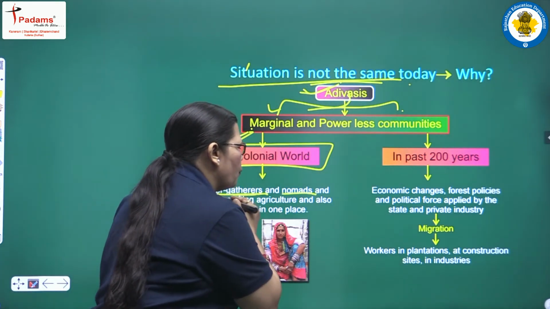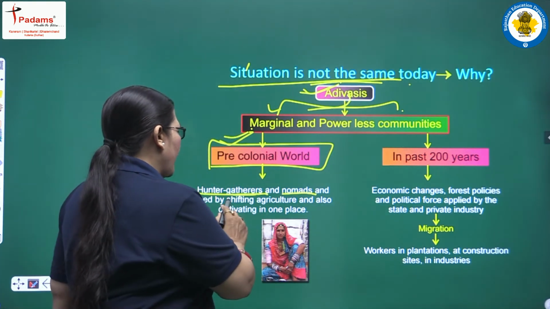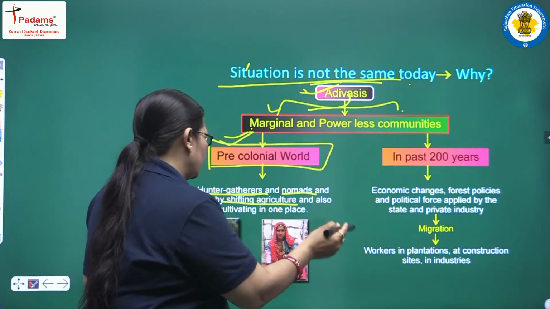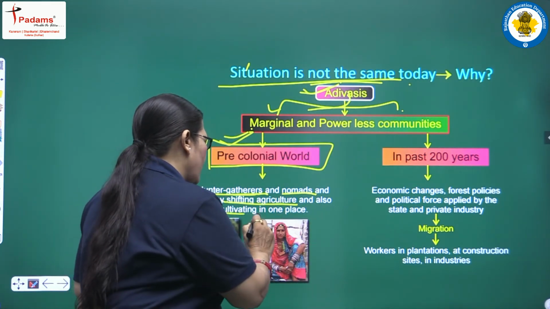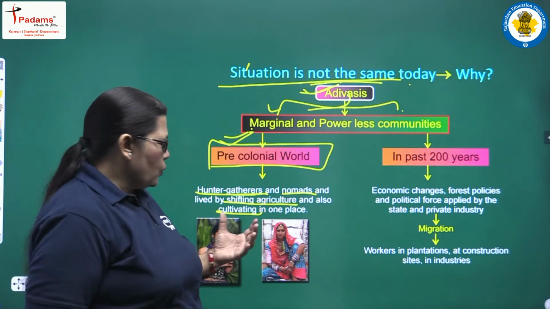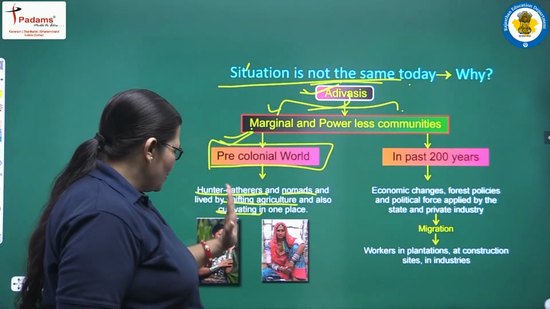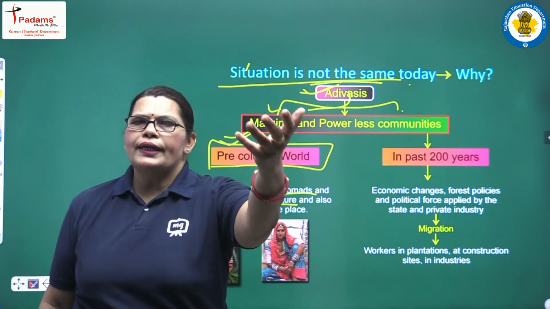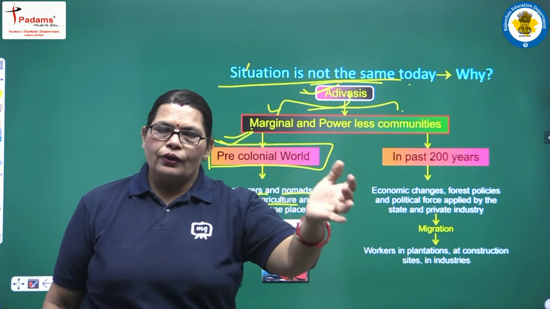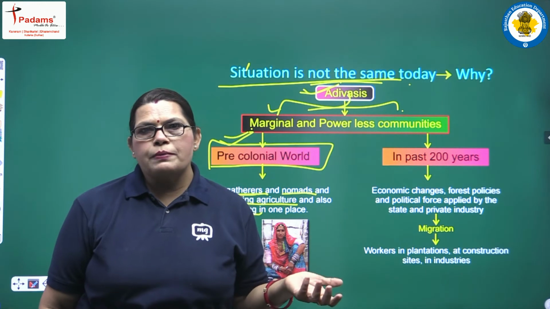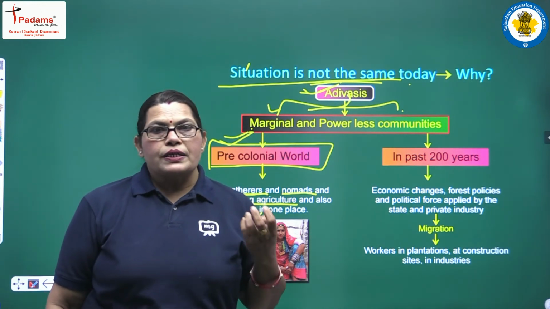Hunter-gatherers and nomads lived by shifting agriculture and also cultivating in one place. See, the costumes they wear show that naturality is there. They represent themselves not only with costumes but also ornaments.